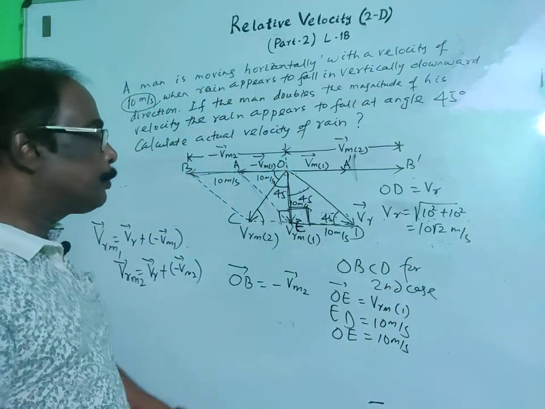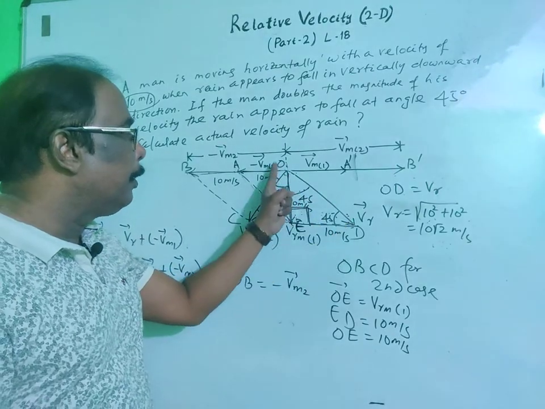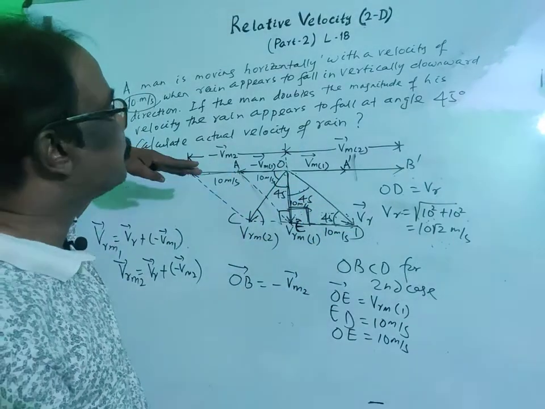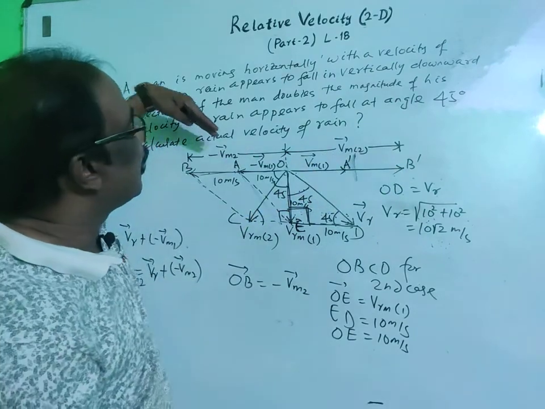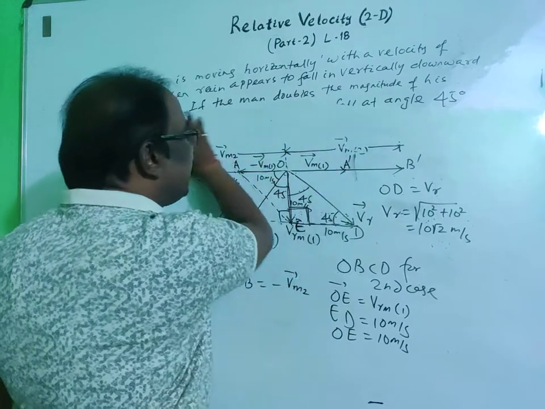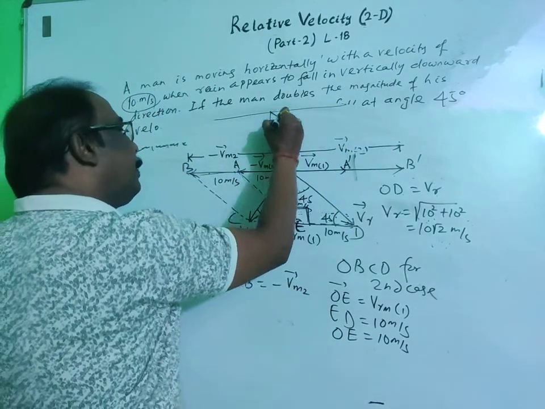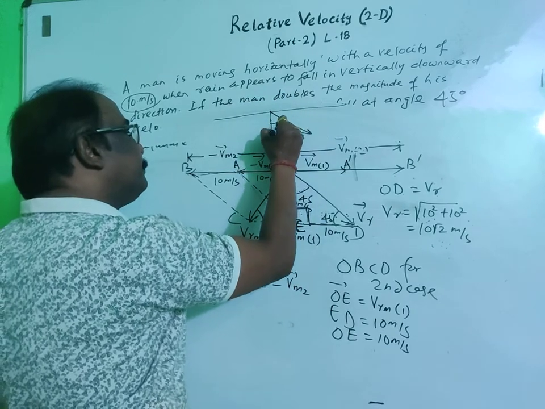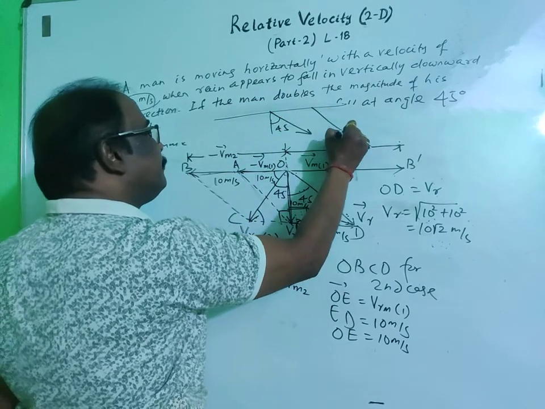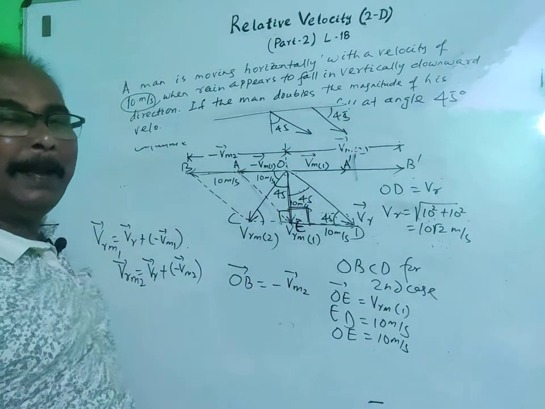And angle is clear, making an angle 45 degree with vertical. Man is moving along this direction and rain is falling at an angle 45 degree with vertical, or with horizontal, same thing. Is it clear?